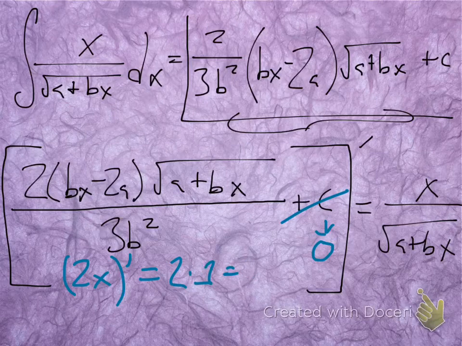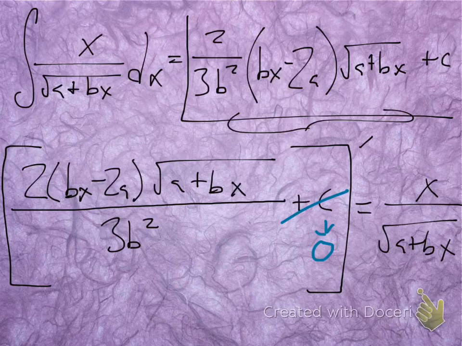So what we can say is, since this is a constant rule, we have 2 times all of this jazz over here, then we know that, here's what we can say. We can just keep this 2 on the outside. So I'm going to go on to a new page and write how this is going to look now. Here's what we've arrived at. Now we've got 2 times bx minus 2a.